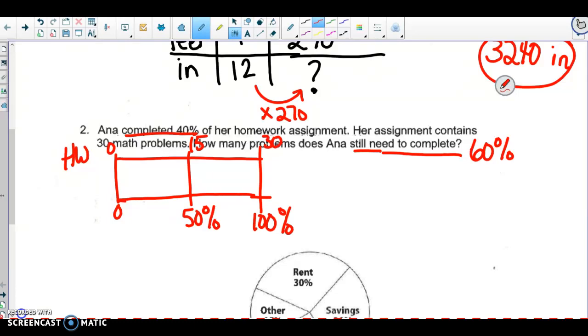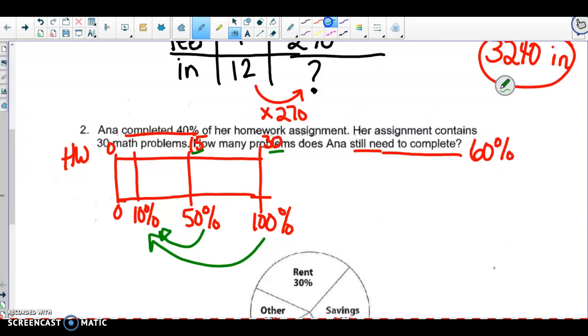So if I went down here and found 10% as well, and I can do that either by taking the 15 right here and dividing it by 5, or I can take the 30 and divide it by 10, because either way, that's how I would get either from here to here or here to here. Okay, so either way, doesn't matter. You should get the same answer.